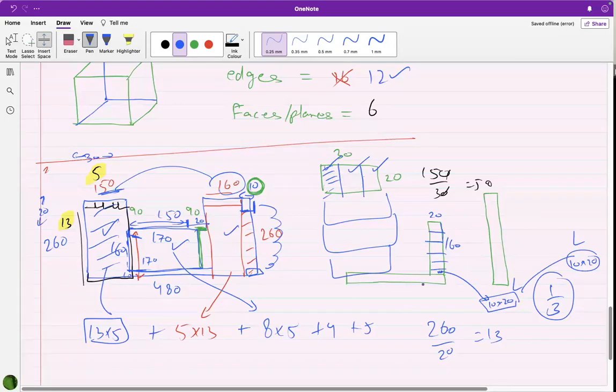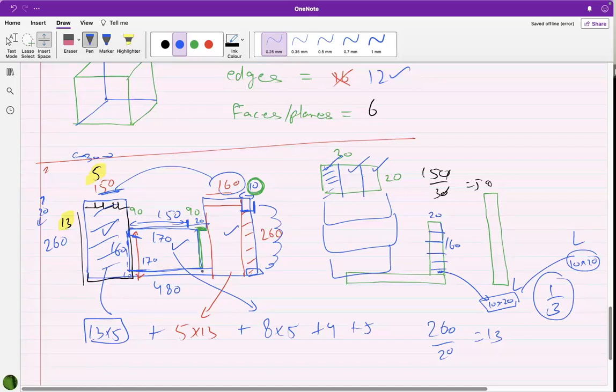Now this horizontal section at the bottom. This complete length was 150 plus 20, so 170, and the height is 10. So again, we can use these 10 centimeter widths, and 170 divided by 20 on the other side gives me 8.5.